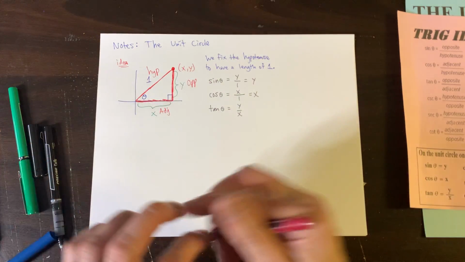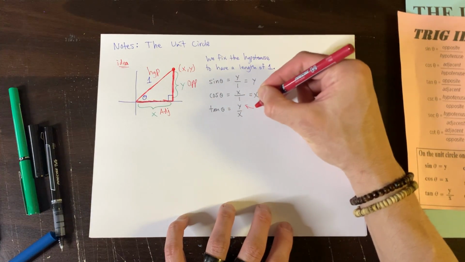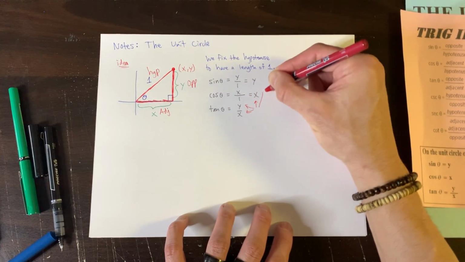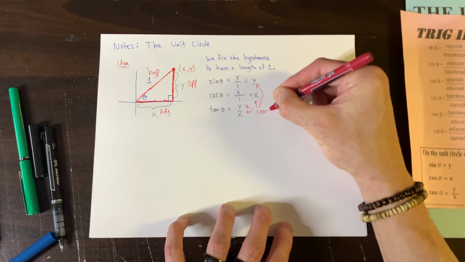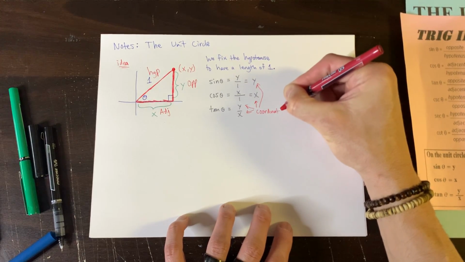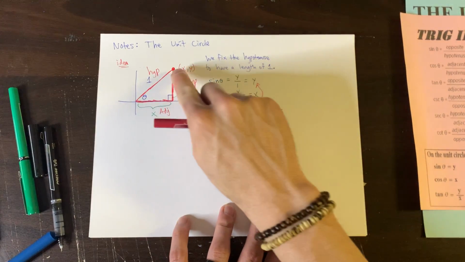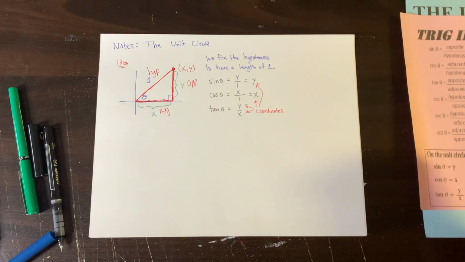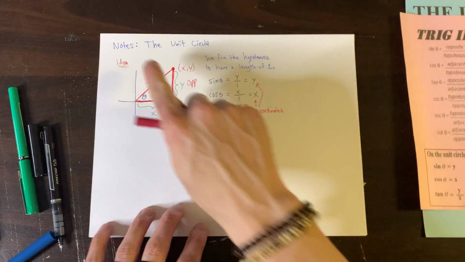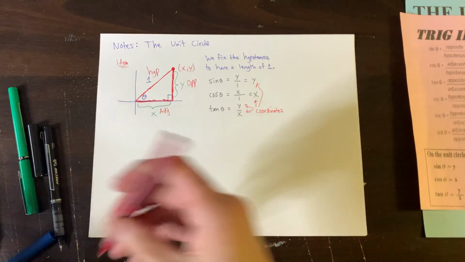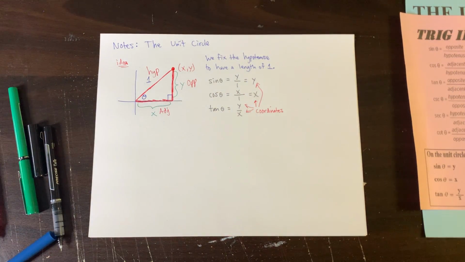And when we're talking about this y and this x, we're referring to the coordinates of that random point that was placed there. Now, some of you might be thinking, what does this have to do with the unit circle? I don't see a circle anywhere here, Mr. Lee. Well, here's what we can do now.